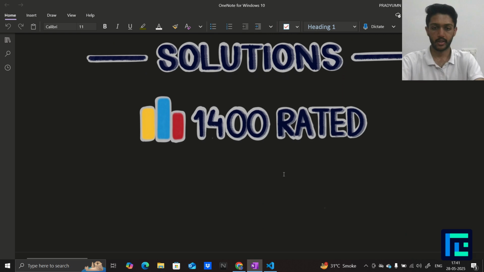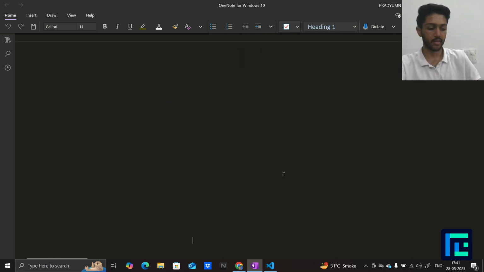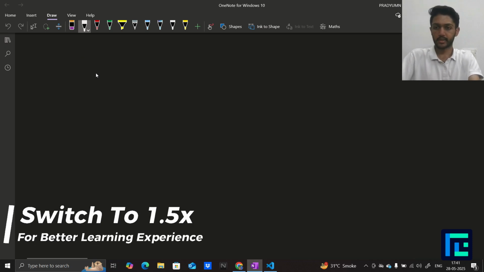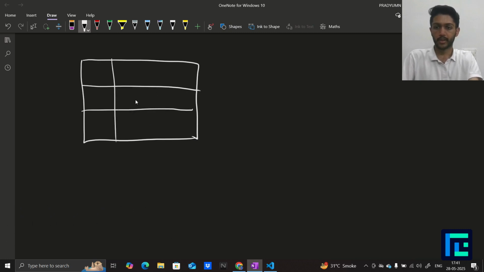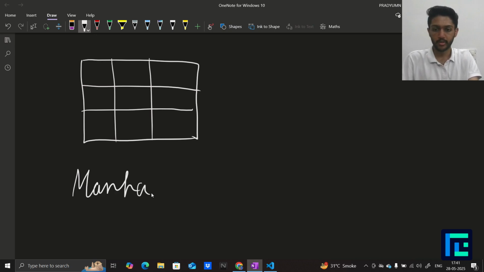Okay. So what they are saying is they have a grid like this. Let's say we have a 3 by 3. They have defined something called Manhattan distance, and some of you might have heard of it also.